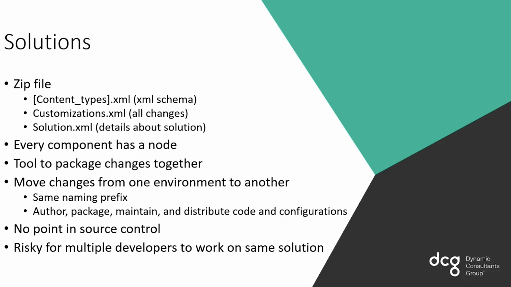There's no point in source control, like I said, because you're not source controlling the individual components, you're just source controlling the one file. Saving that file in just a central safe place is just as good as doing the source control, because it exports with the name of the solution and the version number as the file name.